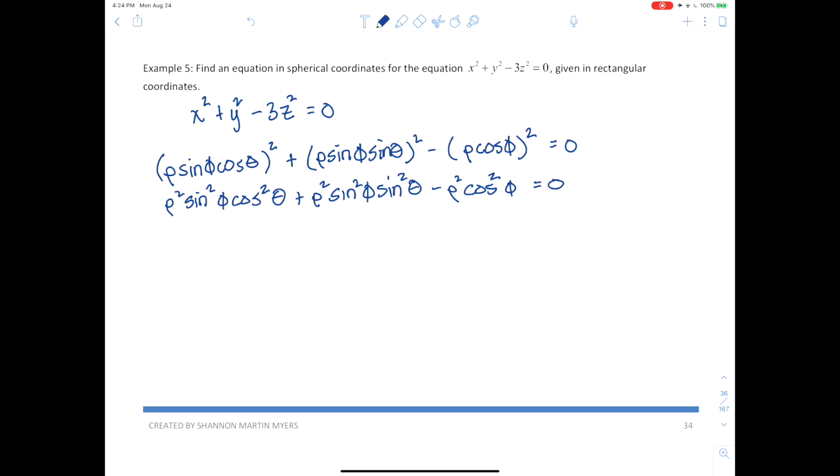Now, what do you think? Can we factor anything out partially? I mean, I think we can certainly factor out from the first two terms. If we factor out a rho squared sine squared phi, aren't we left with cosine squared theta plus sine squared theta?